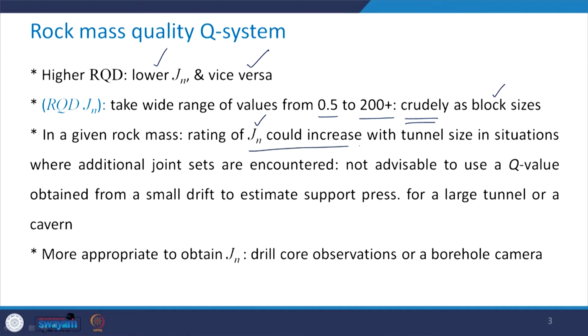So one needs to be careful about these issues, that when we go to the field, sometimes it is required to excavate a small size tunnel in order to make these observations. So in case you have such a situation where Jn could increase with the tunnel size and where additional joint sets are encountered, one should not rely on the Q value. It is more appropriate to obtain Jn in such cases from drill core observations or a borehole camera.